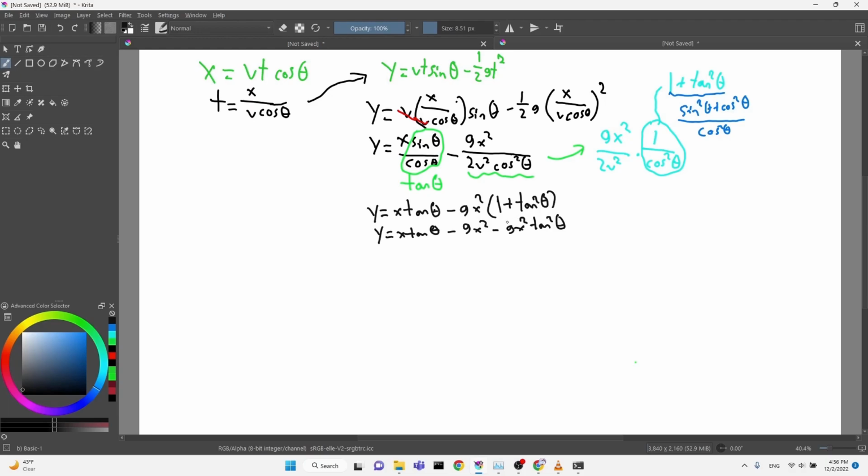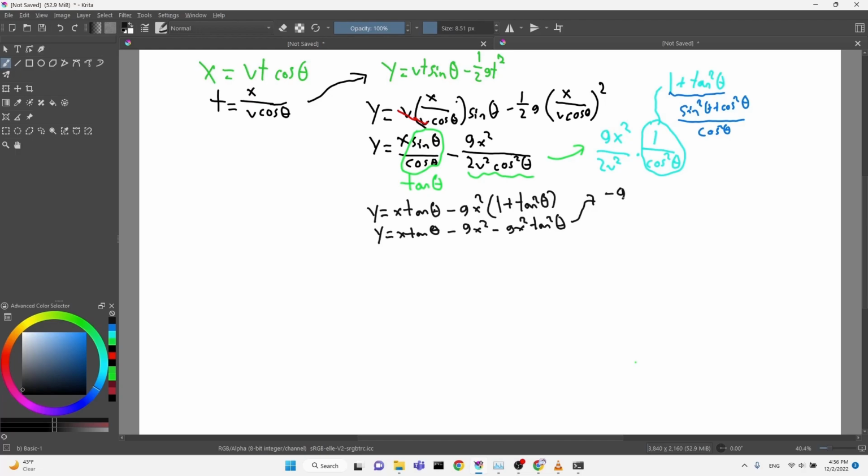Now, what I'm going to do next is, for room's sake, just move this over here. Next, I'm going to just move all the things to one side and set the other side to 0, like a quadratic, right?